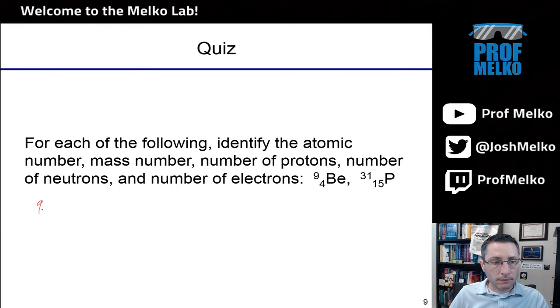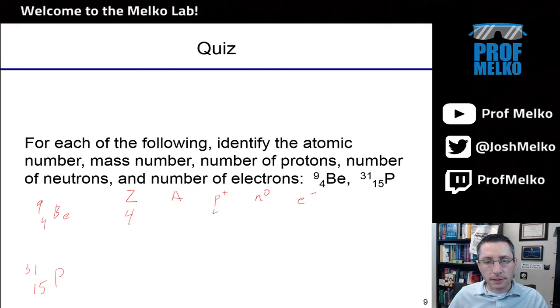So the first one, here we want atomic number, mass number, number of protons, number of neutrons, number of electrons. Okay, so remember the atomic number here is to the lower left. That is 4.